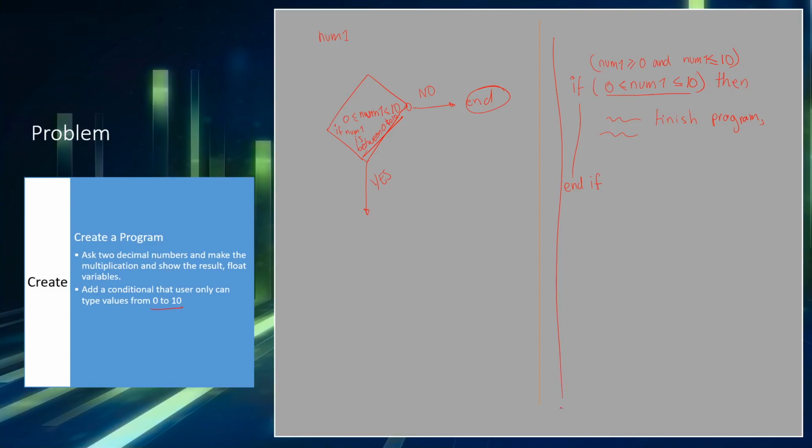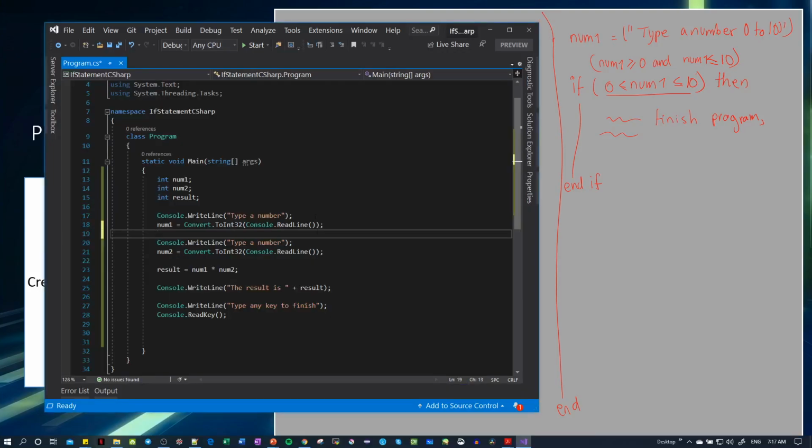So this is our main code, and so here number 1, we ask the user to type a number 0 to 10. And this is like this. So we have this line already here, type a number, this one.